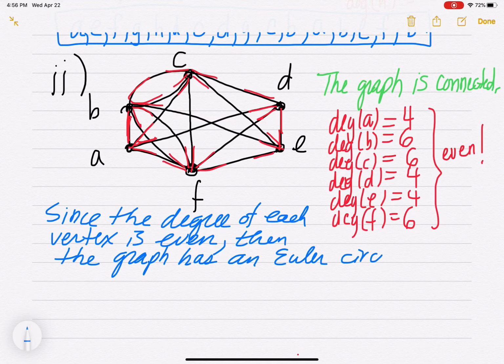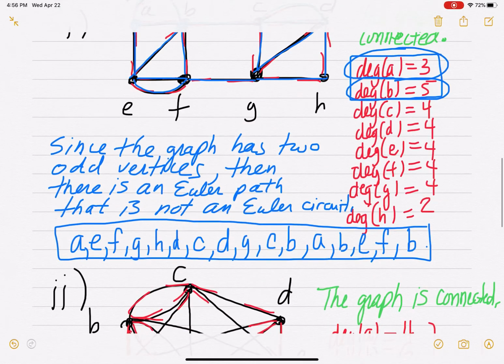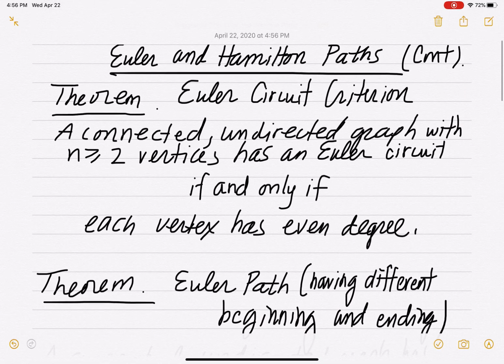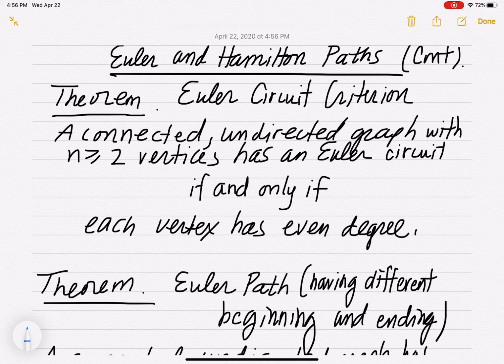Remember that? Where was that? Aha. If each vertex has even degree, then there's an Euler circuit.